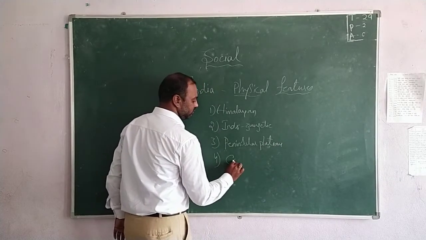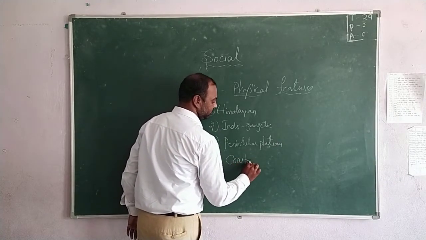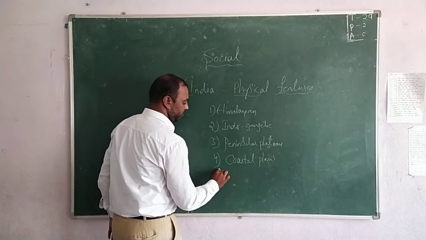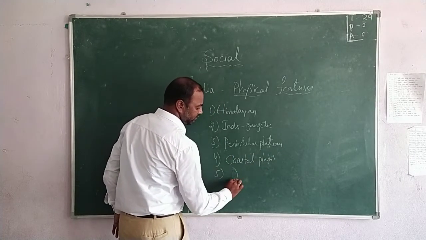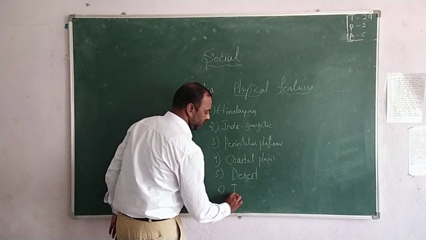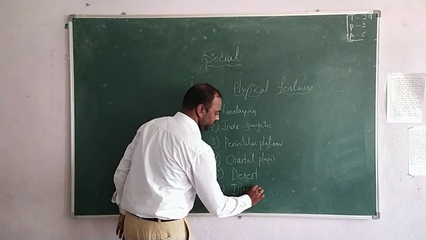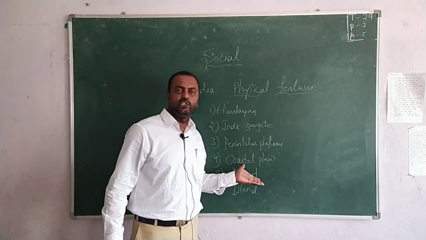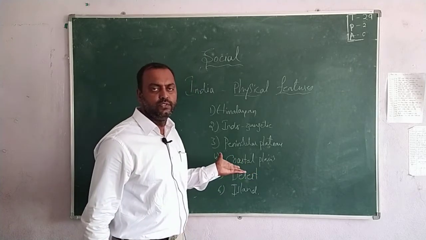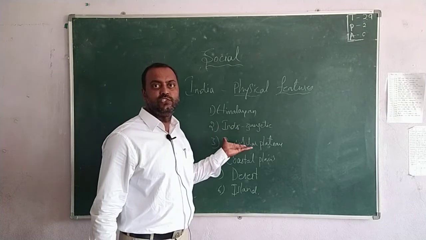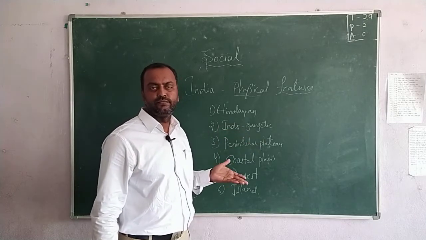Fourth one is coastal plains. Fifth one is deserts. And sixth one is island. These are the 6 physical features into which India is broadly divided. We shall see and understand these physical features in detail in today's class.